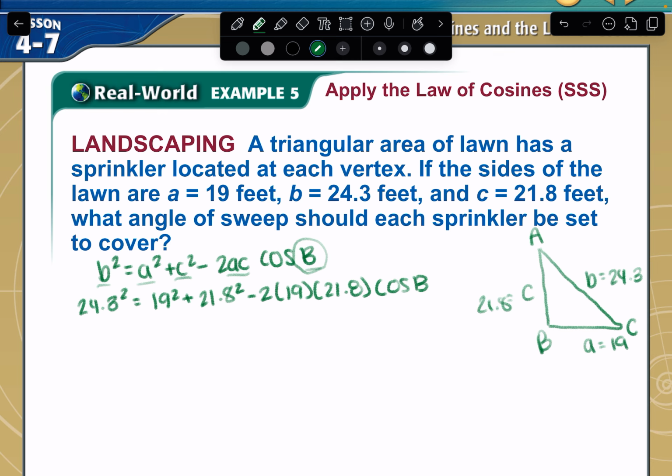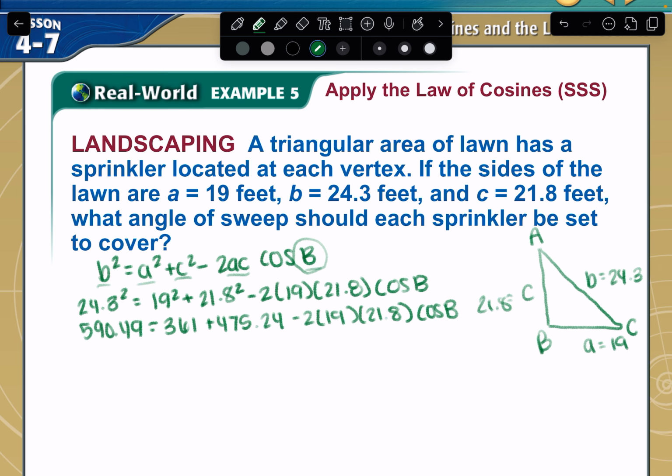From here, you're really just simplifying. All of the things that are squared would be my starting point, like the 24.3 squared, the 19 squared, and the 21.8 squared. I would go through and do all of that first and simplify. Whenever you square all of this, you would end up with this as your next step.